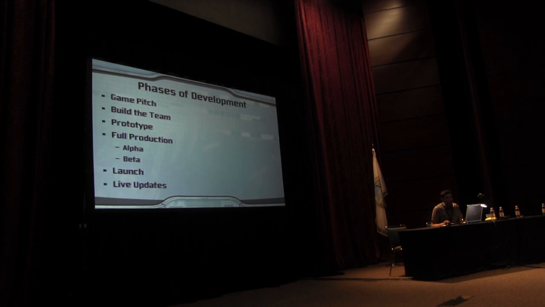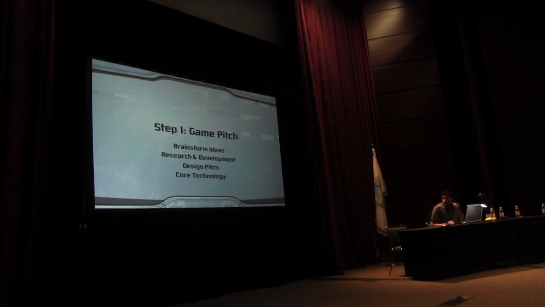We look for all the problems we may have implemented over time and try to make the game run really smoothly. When all the bugs are worked out, at least as best as we can, it's time to launch the game. With a game like Clone Wars Adventures, since it is played online and we update the content routinely, we have live updates. I'm going to go through each of these phases.